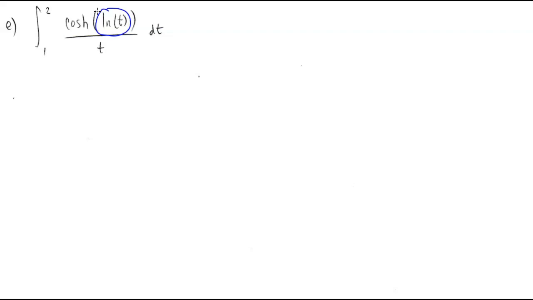So we have a way of covering that, and thus we can rewrite this integral in terms of u instead of having it in terms of t here. So let's do like this. Let u equal natural log of t, which means that du is going to be 1 over t dt.